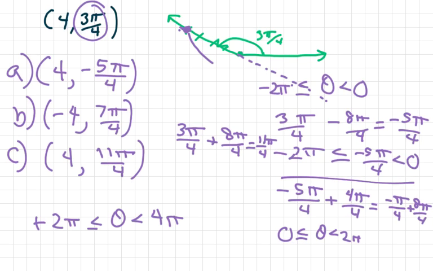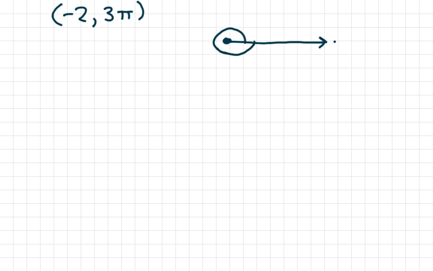Okay, so let's do one more. We have negative 2, comma, 3 pi. So when I graph this, there's your pole, there's your polar axis. 3 pi is going to be like this. 1, this is 2 pi, that's an extra pi.